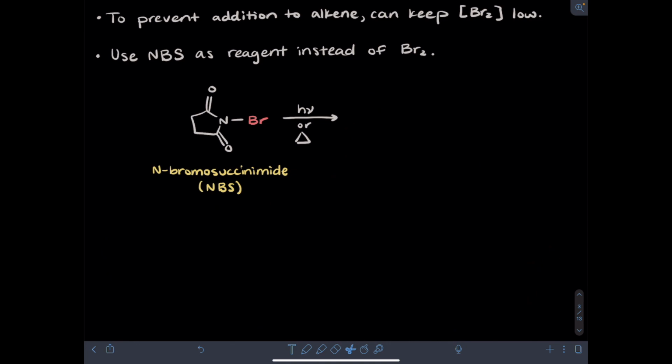Upon treatment of NBS with light or heat, you can have a homolytic cleavage of the weakest bond in this molecule, the nitrogen-bromine bond. For the homolytic cleavage, you would take one electron from the bond and bring it to nitrogen, the other electron from the bond and bring it to bromine. This is going to form a nitrogen radical.